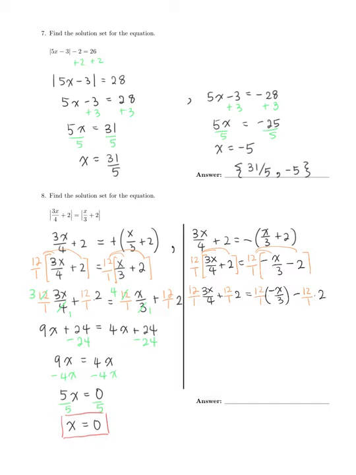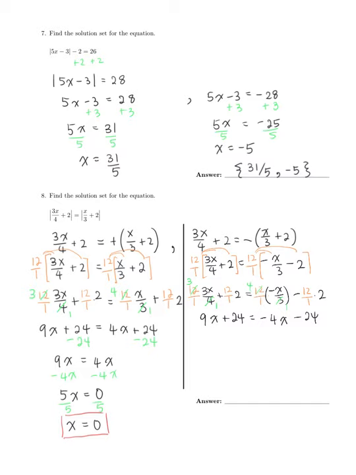Okay, so now canceling time. 4 goes into 4 once, into 12 3 times. So what's left is just 9x, and then plus 24 equals, now here 3 goes into 3 once, into 12 4 times. So what we have left is just negative 4x and then minus the 24.